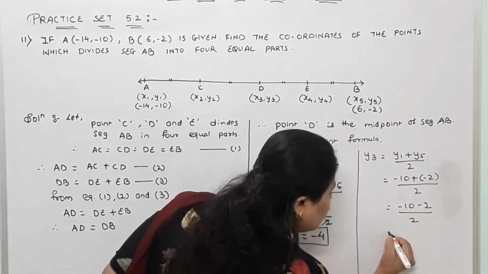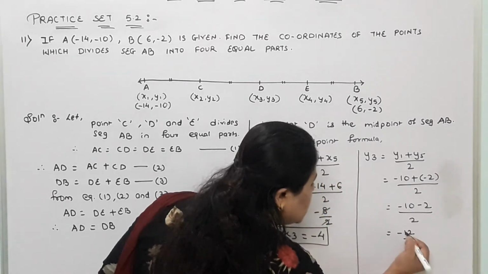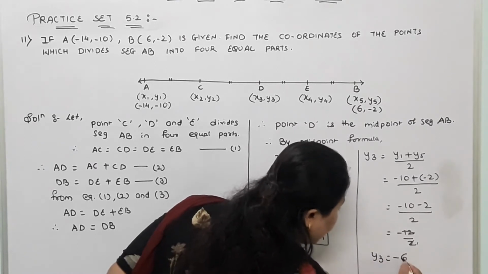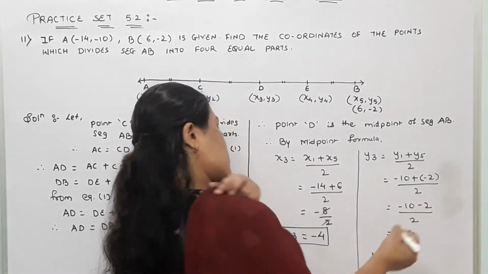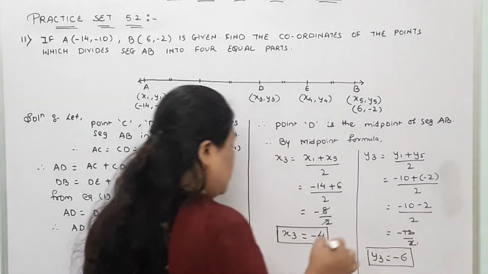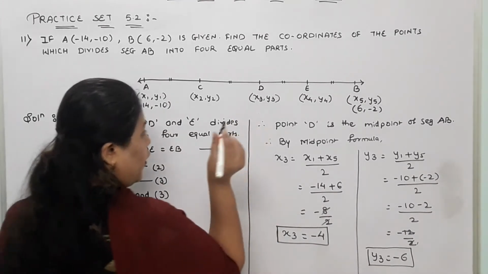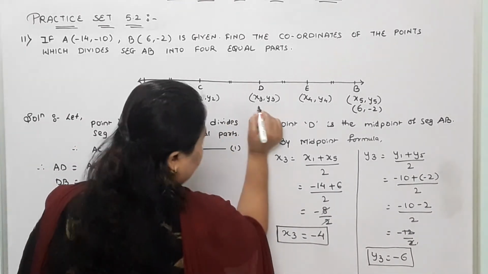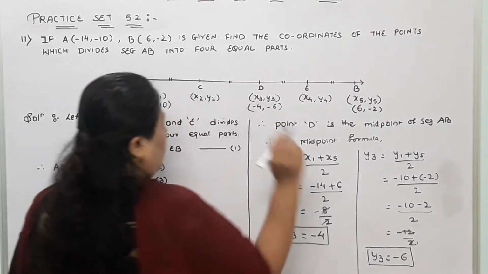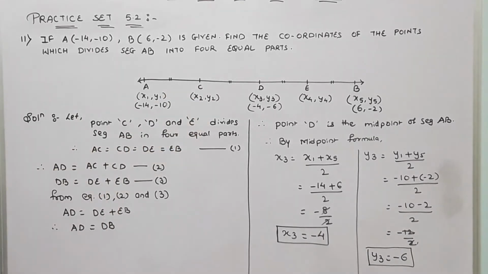Minus 10 minus 2 will be minus 12 upon 2. 2 ones are 2, 2 sixes are 12. So y3 is equal to minus 6. So here we get the values of x3 and y3, that is the coordinates of point D. We will write here (-4, -6). Right? Note down the answer, then we'll calculate the coordinates of C.